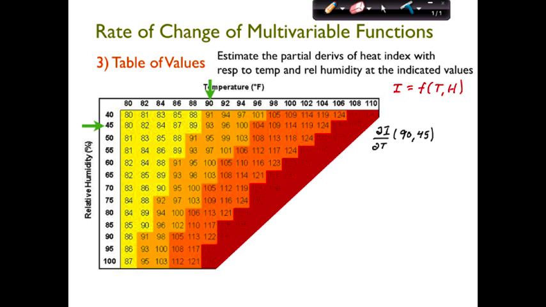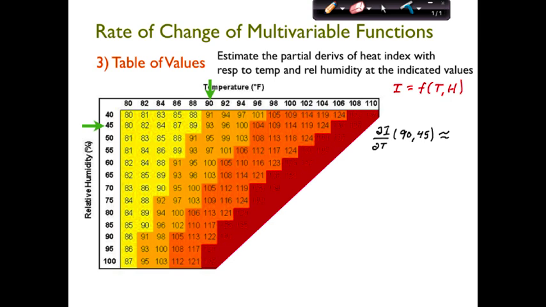Now we don't have the continuous function here. We only have these discrete points of the function, so we can only estimate. So we can say it's approximately equal to what? How am I going to come up with an estimate for the rate of change of heat index with respect to temperature only, or the partial derivative of I with respect to T?